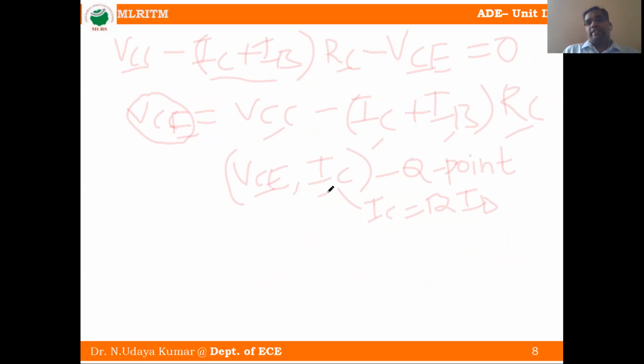Now we will find the stability factor. What is the stability factor equation? The stability factor S is equal to 1 plus beta divided by 1 minus beta into dou IB by dou IC.